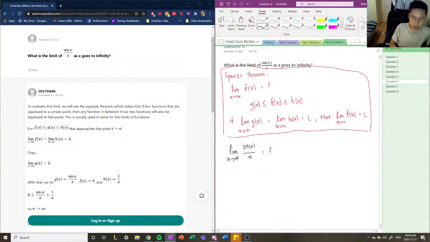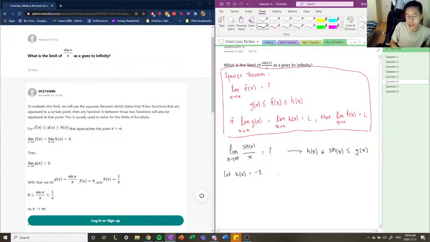Let's squeeze sine of x between two different functions, g of x and h of x. Let's make h of x the simplest function, -1.